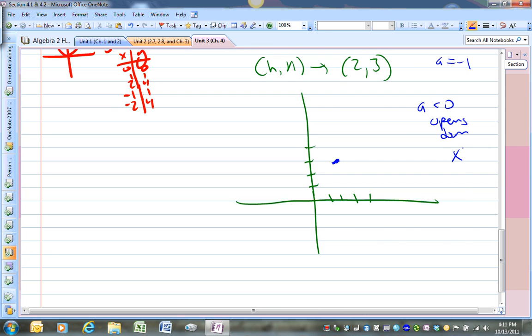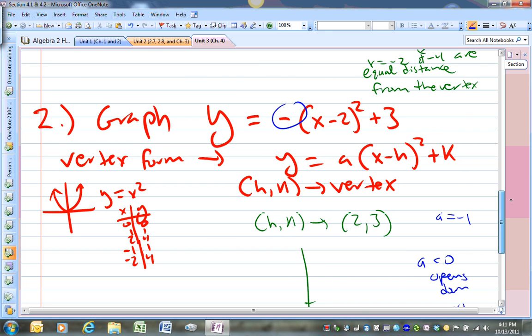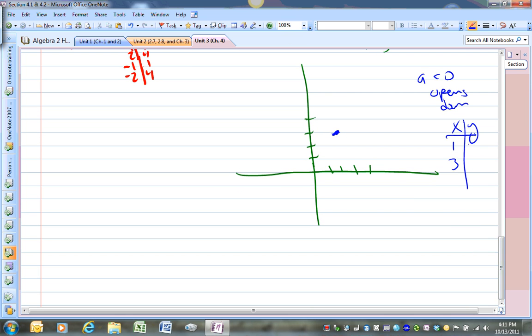If we make a quick table, say I plug in 1, plug in 3, so I'm choosing 2 x values on each side of the vertex, but of equal distance. You would get 2 and 2.